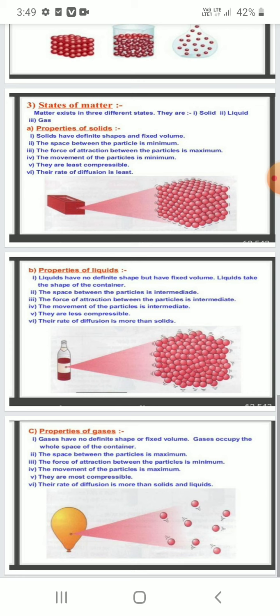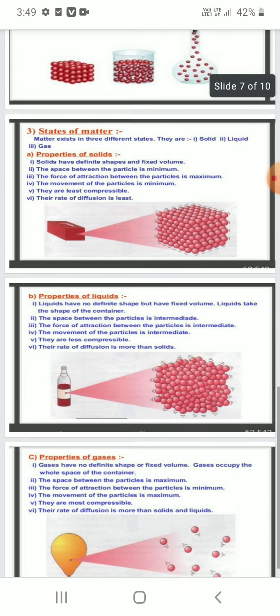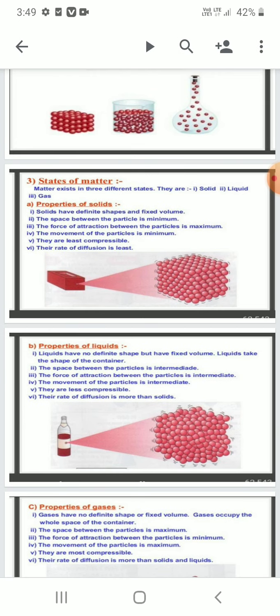Solids have definite shapes and fixed volume. So you studied about this, okay. Because of this definite shape and fixed volume, you can say the shape of a solid: hexagonal, trigonal, square. Like that you are going to explain it, because solids have definite shapes and fixed volume.